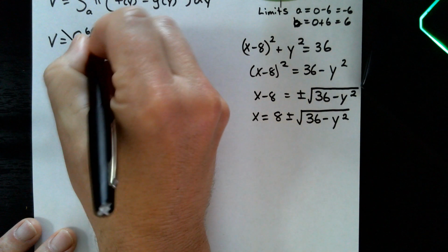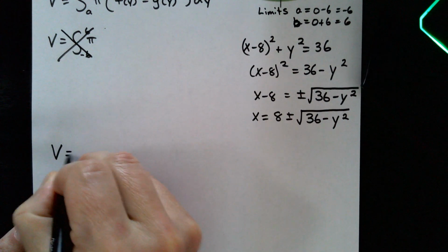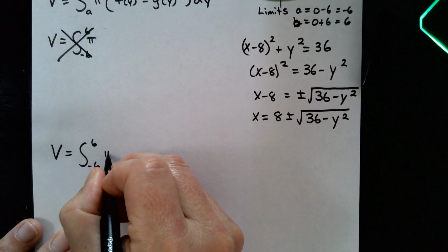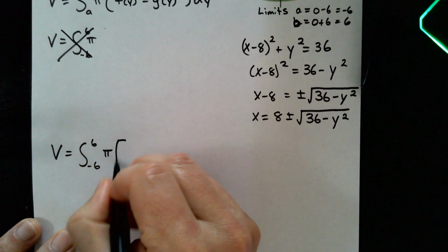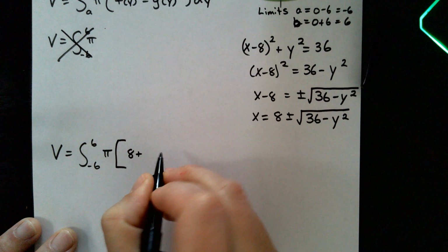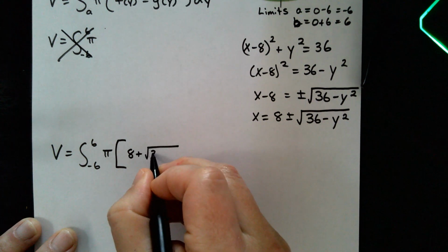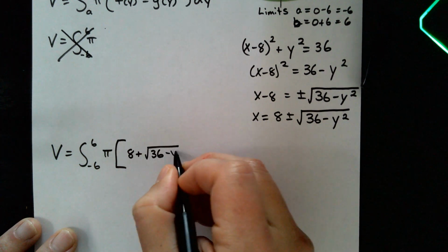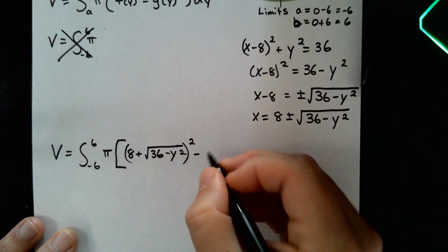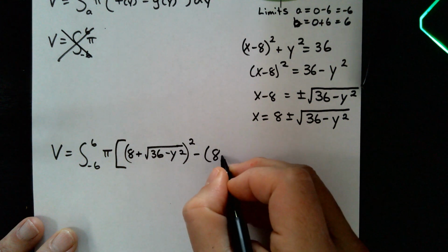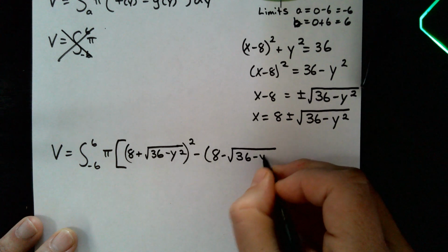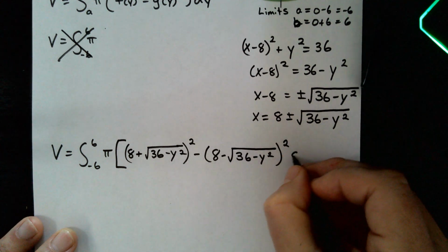Okay, so V is equal to the integral from negative 6 to 6 of pi, and then we've got f of y squared, so 8 plus the square root of 36 minus y squared, and then minus 8 minus the square root of 36 minus y squared, dy.